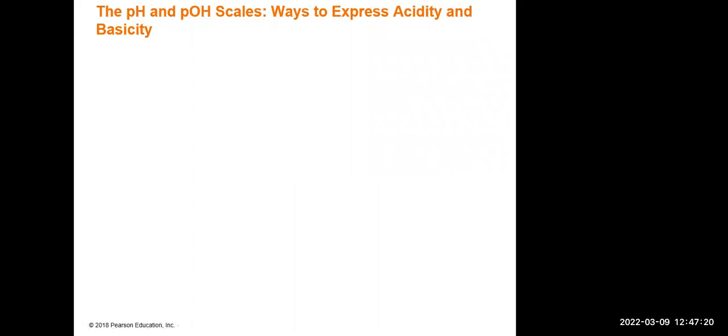We can conveniently use some new numbers to express the acidity and basicity of a solution, which are pH and pOH. pH is mathematically equal to negative log of the concentration of H plus. Log is the base-10 logarithm function, so just use your calculator.